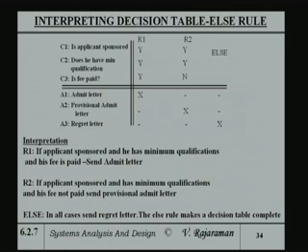So in all these cases you effectively say send a regret letter. The else rule actually makes the decision table complete. What I mean by a complete decision table is that all possible contingencies, all possible rules which can occur, are covered.